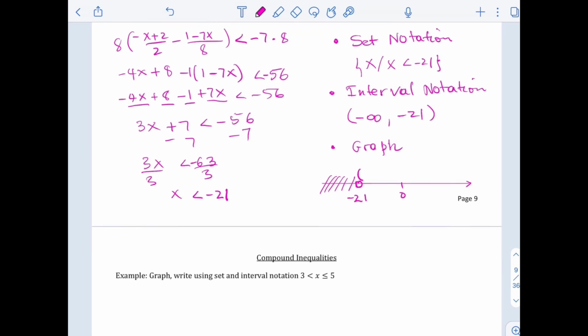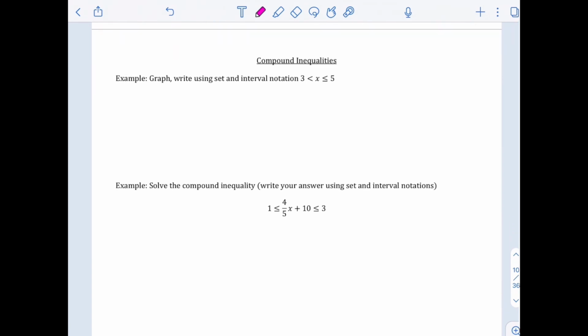For this one here, we're going to solve compound inequalities. Compound inequalities is when you have to solve an inequality that has more than one inequality sign. So basically for this one, they say graph it, write using set notation and interval notation.